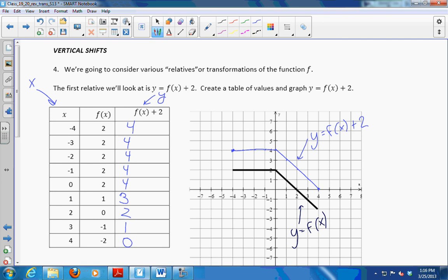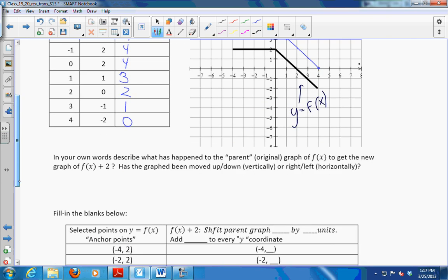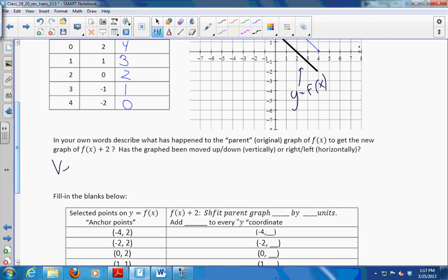So what happened? How could you describe the transformation that took place between the graph of f and the graph of f of x plus 2? Shifted it up by 2 units. So this is a vertical shift up 2 units.